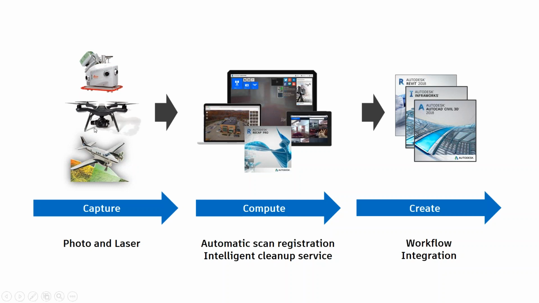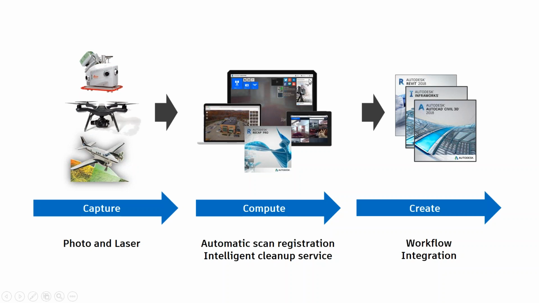Or if you have pictures, we have cloud services where from a number of pictures, because if you send a drone above your road, for example, it takes pictures at some regular interval, and from these pictures, using our cloud services, we can produce point clouds as well. And then you can even have both: a laser scan of your road and the surrounding area made by drones, and you can combine everything in Recap Pro.